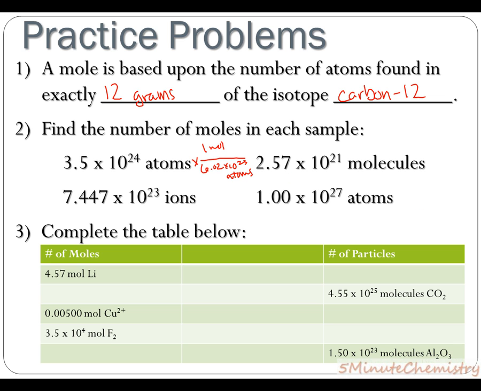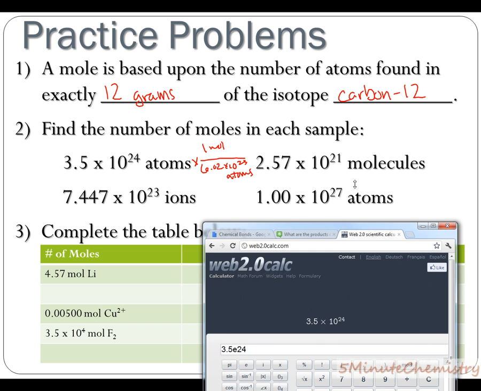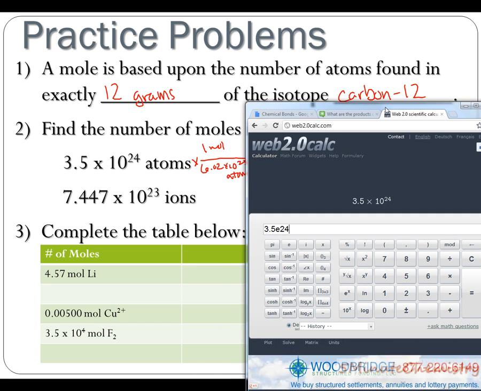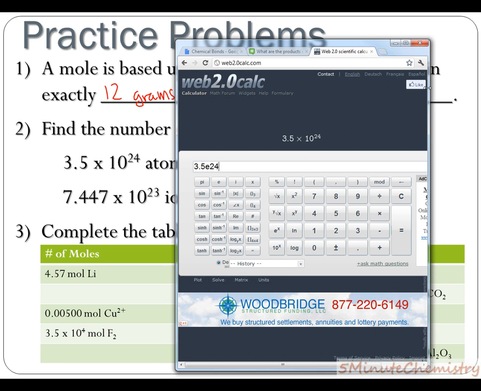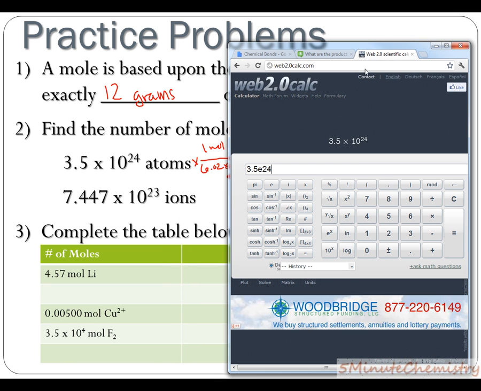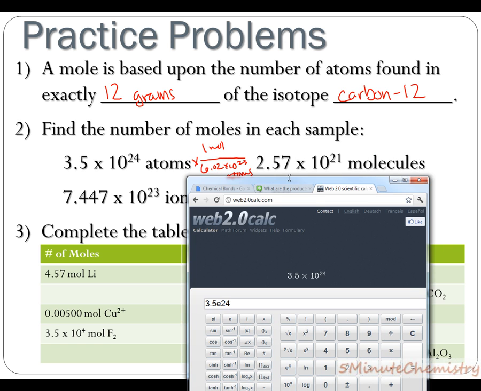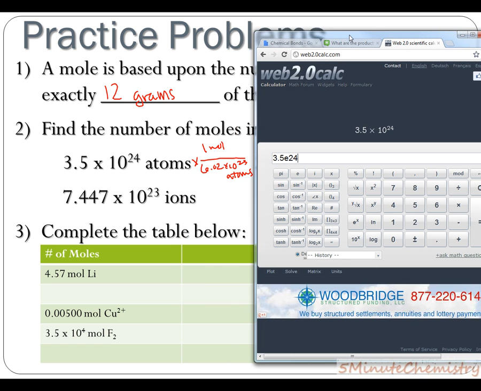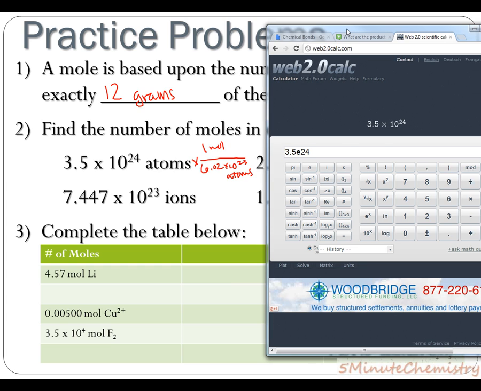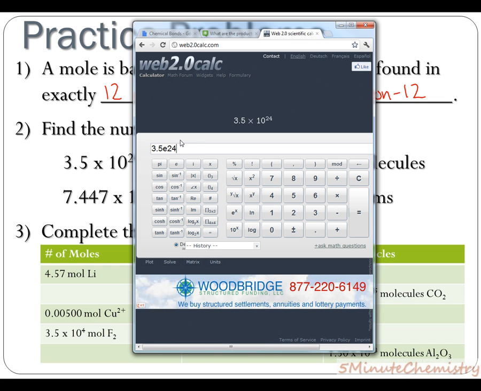So to do our calculation, I'm going to take that 3.5 times 10 to the 24, multiply that by 1 on the top, which is just going to be 1, and then divide by the 6.02 times 10 to the 23rd. So I'll take that number and divide by 6.02 times 10 to the 23rd power.